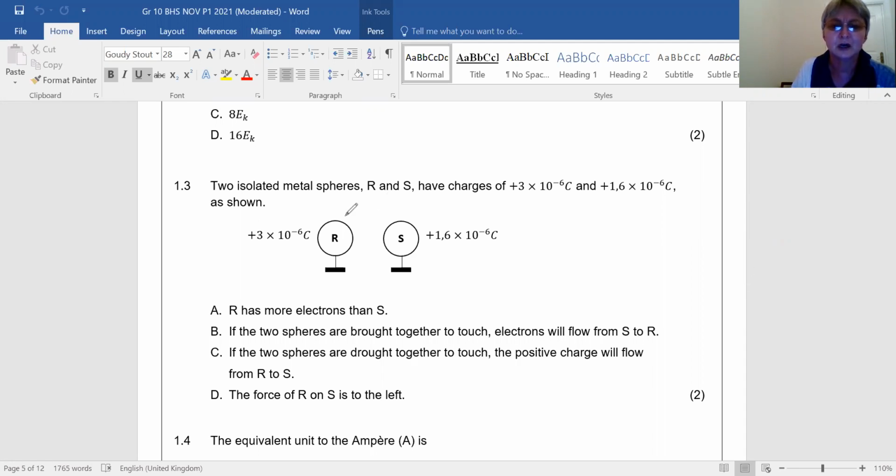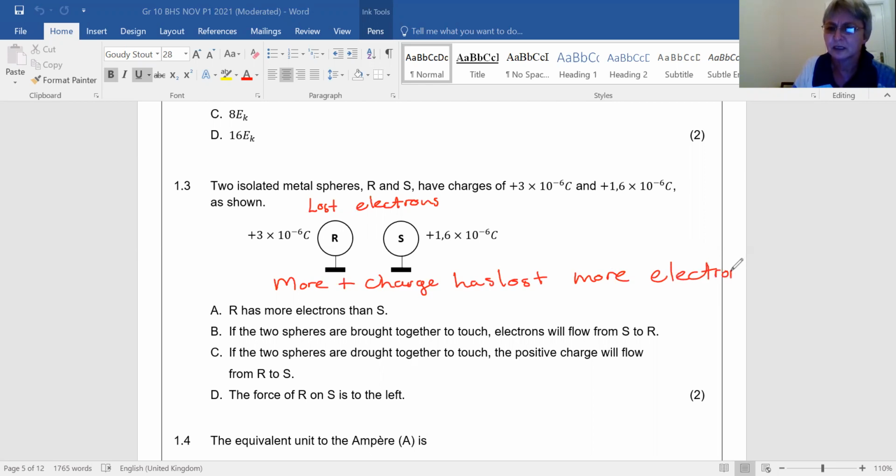Now, if it's got a positive charge, it has lost electrons. Now, the more positive charge has lost more electrons.